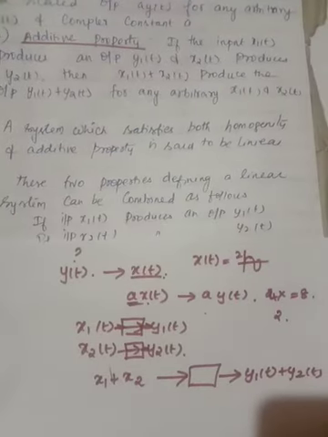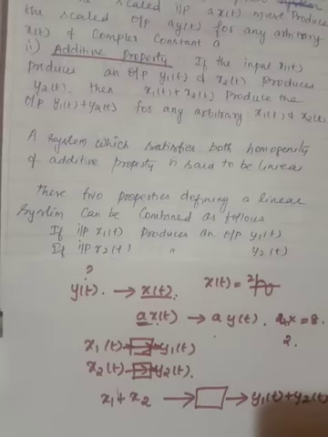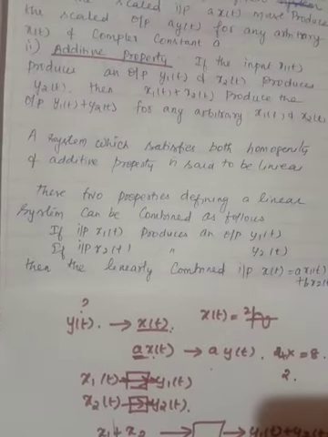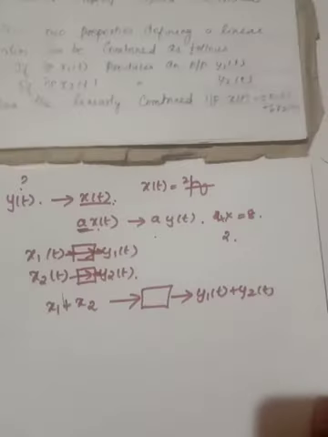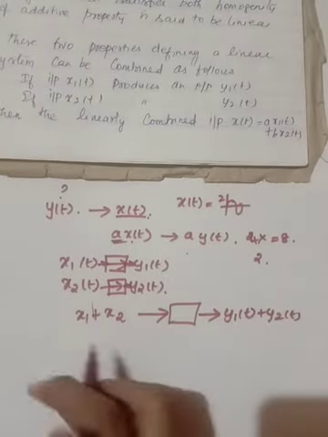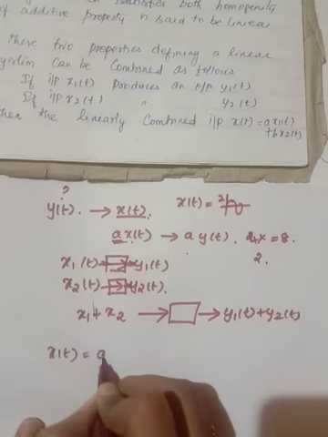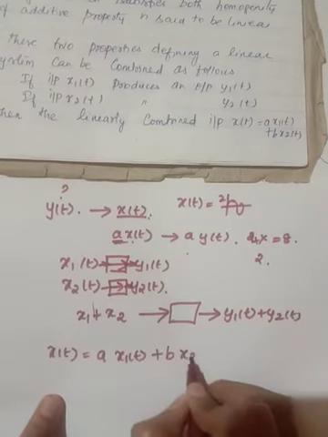Okay. If a system satisfies both the homogeneity and additive properties, it is said to be a linear system. Now combining these two, additivity and homogeneity, we are going to represent this as x of t equal to a into x1 of t plus b into x2 of t.